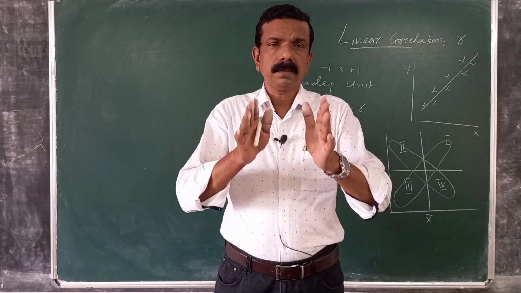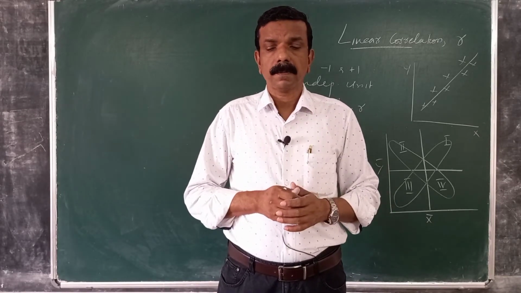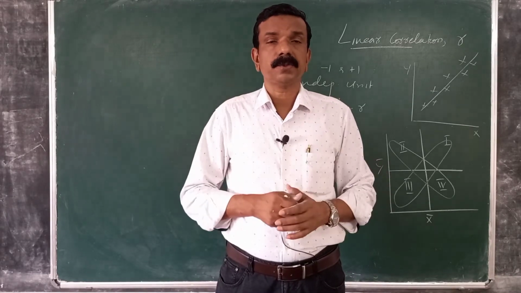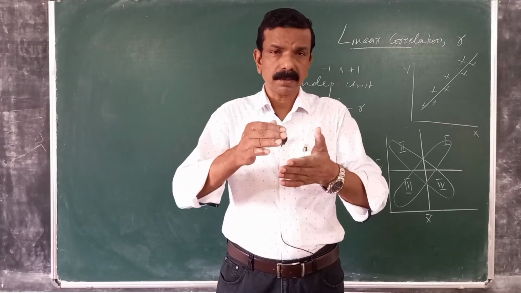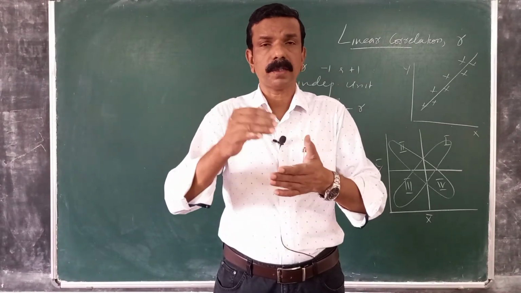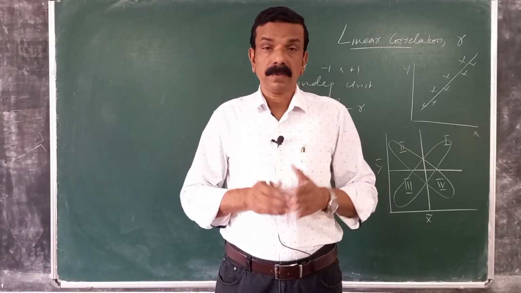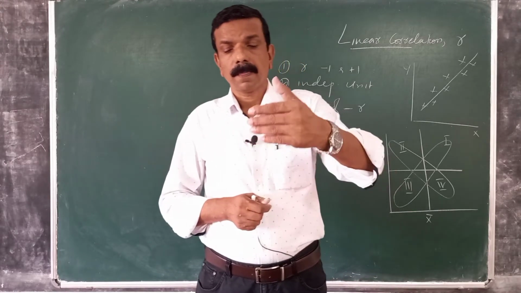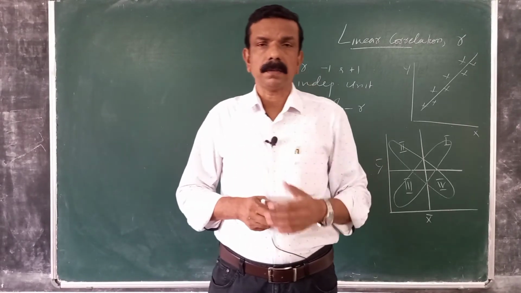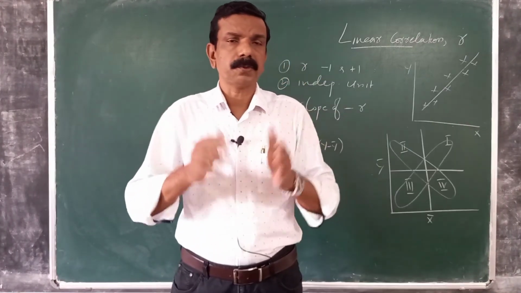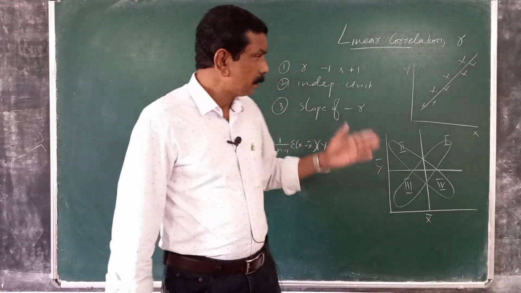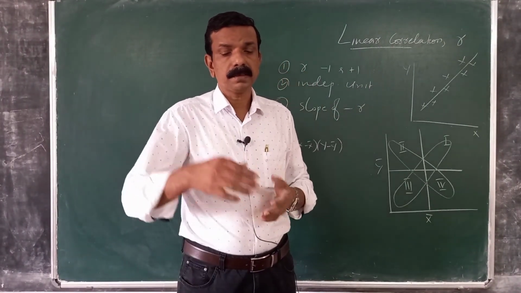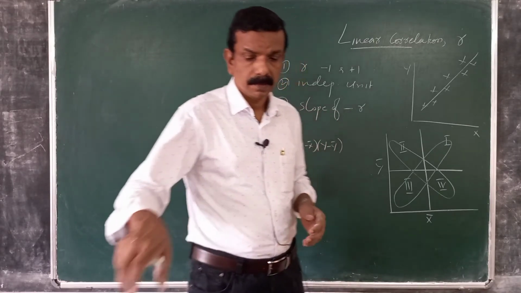And the magnitude of R indicates the strength of linear association. If R is 1 or close to 1, plus or minus, there is very strong linear association. If it is close to 0, very weak linear association. Plus means positive correlation, minus means negative correlation.